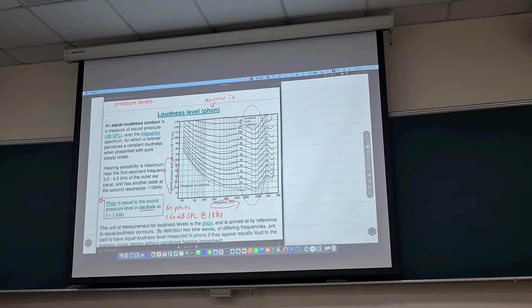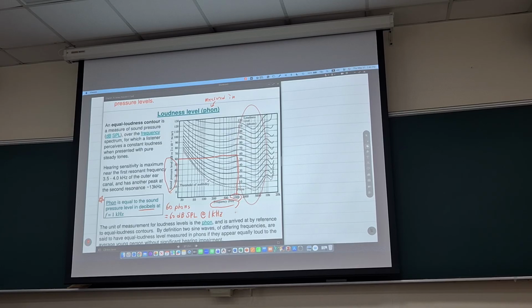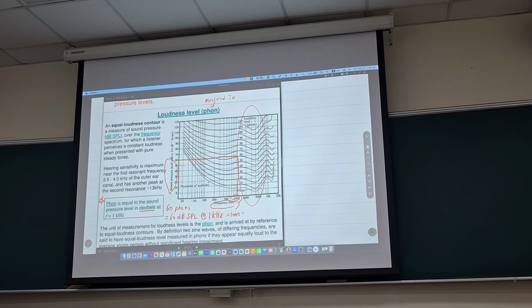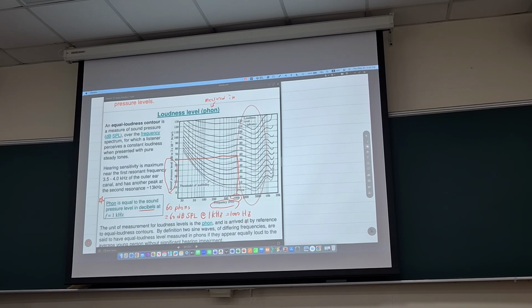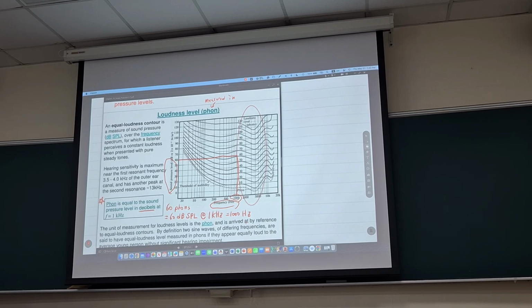So for example like this, go here and count down. You see that? Everyone gets that? So this equals 1,000 hertz, right? So 60 phones equals 60 decibels sound pressure level at 1,000 hertz.